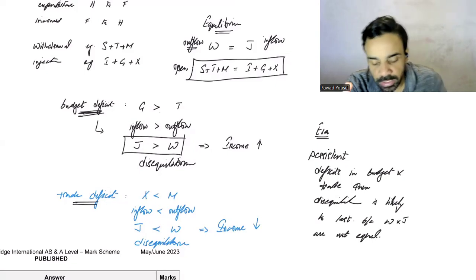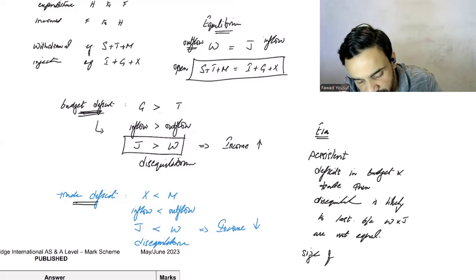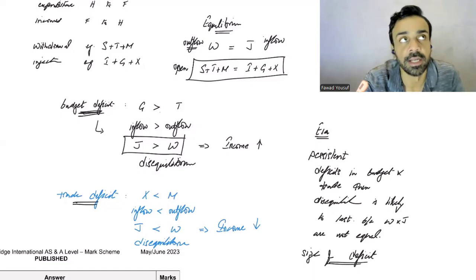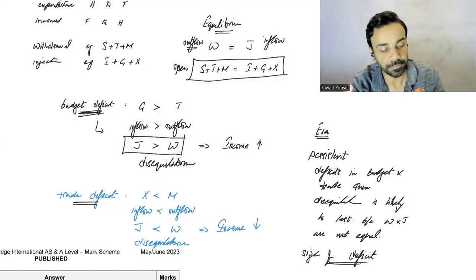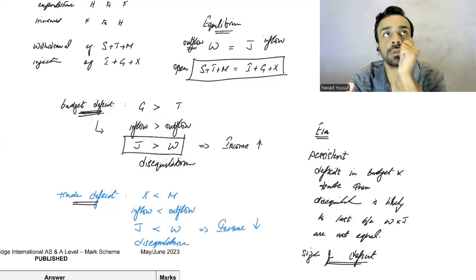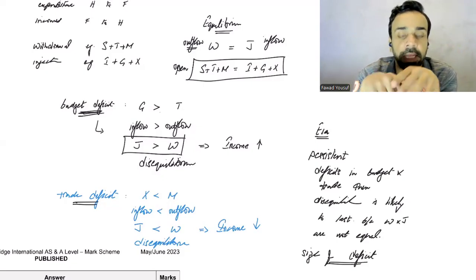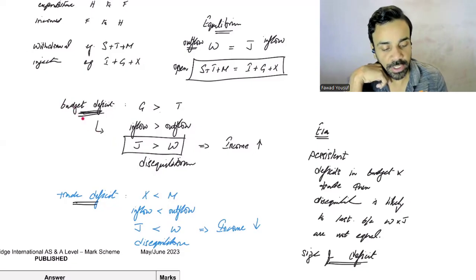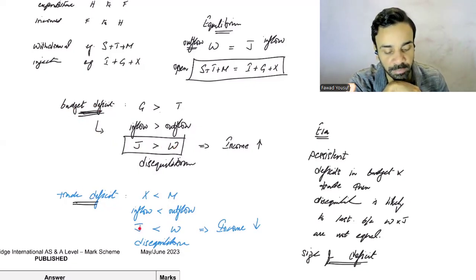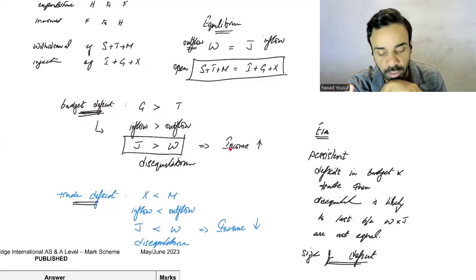Okay. You can even talk about the size of these deficits. If these deficits are really large in size, they will create a consistent deficit. How about, like we saw, in a budget deficit there was more money coming in than money going out. And in a trade deficit the money coming in... if these two become equalized, one is causing the economy to rise, one is causing the economy to fall.